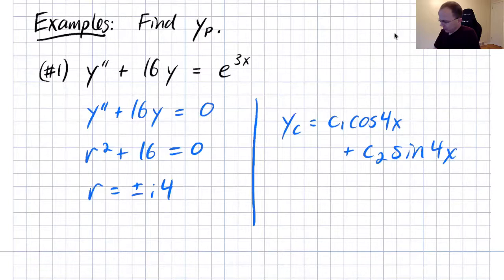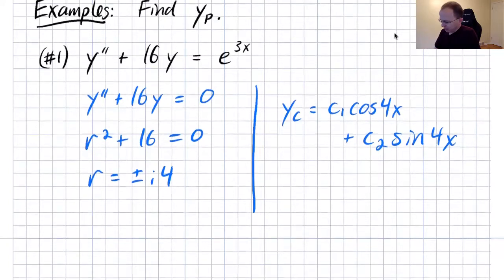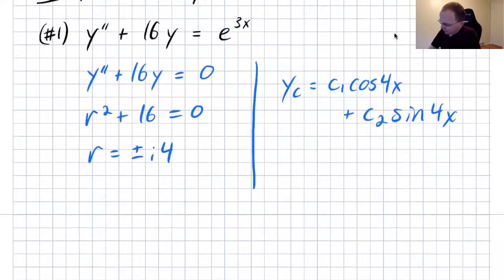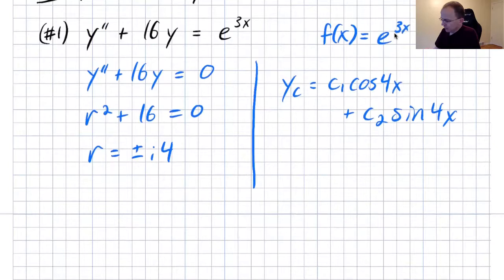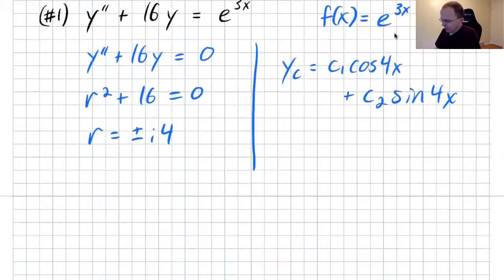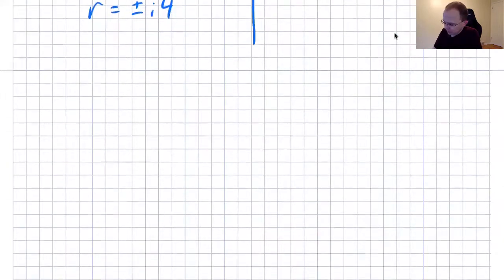Okay, so now what is our f of x? Here f of x is equal to the right-hand side, e to the 3x. So let's look at f and all of its derivatives.